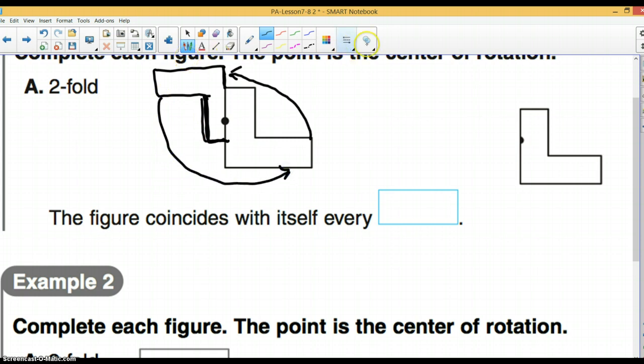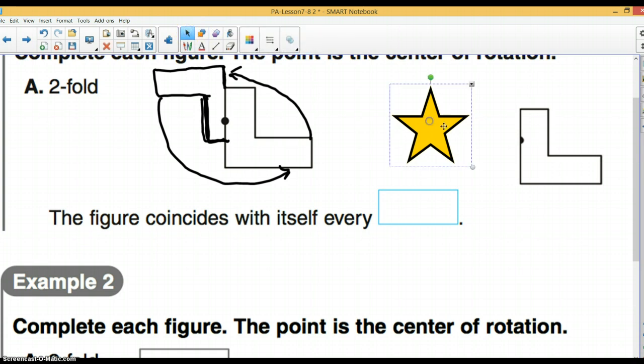Another common shape that you've seen that has symmetry is a star. So if we take this star and put it there, and then let's make a copy of it. So we have our star, and then every time that I turn this, the corners line up perfectly.